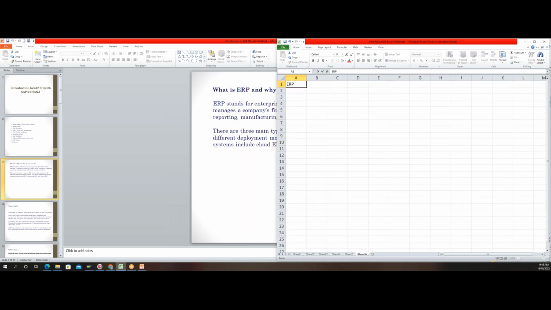Let's break it down into three parts: enterprise, resource, and planning. Understand what an enterprise is first. What is an enterprise?